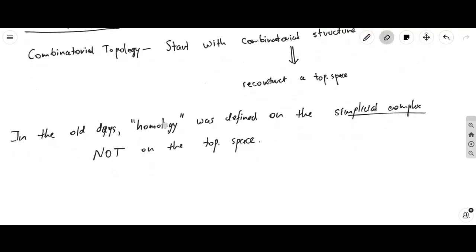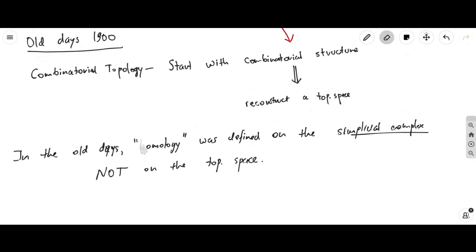And in fact, the motivation for homology was a way to distinguish between different simplicial complexes. Because as we remarked, sometimes different combinatorial structures lead to the same topological space. And Poincaré had this observation that if you define these things called homology groups, then they are isomorphic if the topological spaces are homeomorphic.